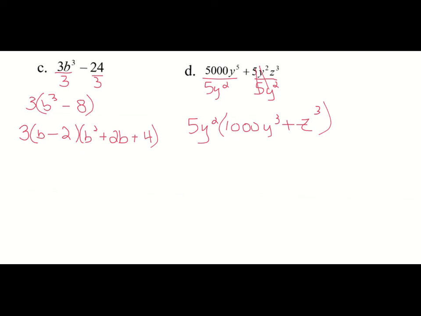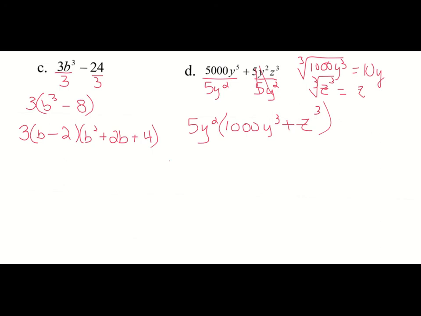So the cubed root, I'll just write it up here so you can see it. The cubed root of 1,000y cubed is 10y, and the cubed root of z cubed is z. So this is the sum of perfect cubes.